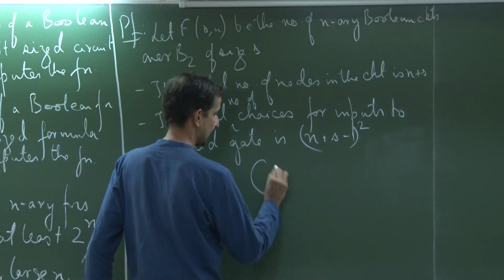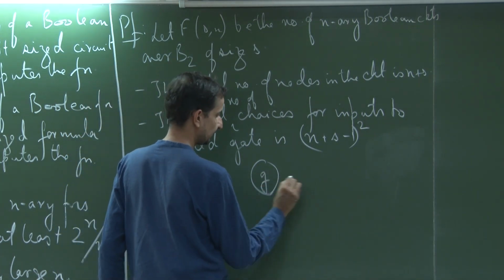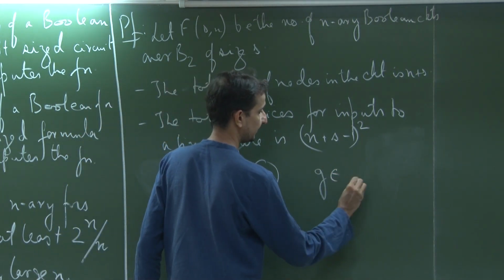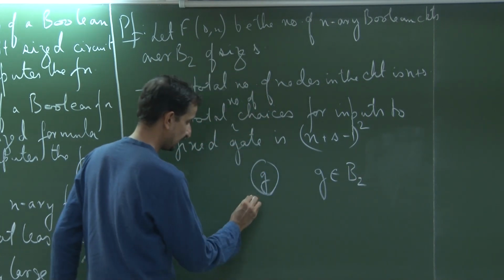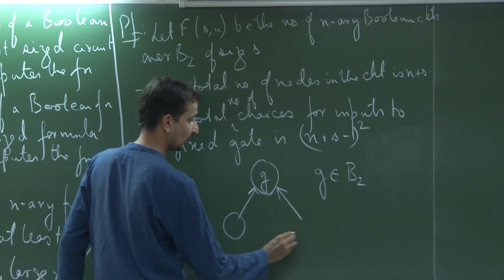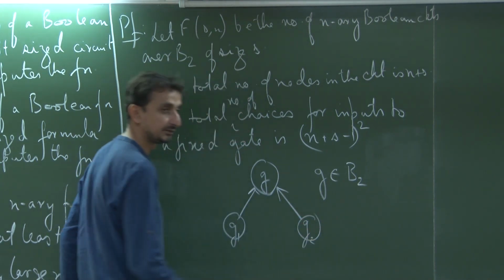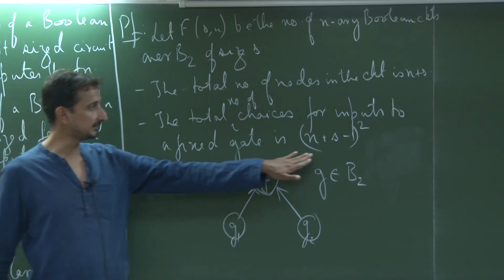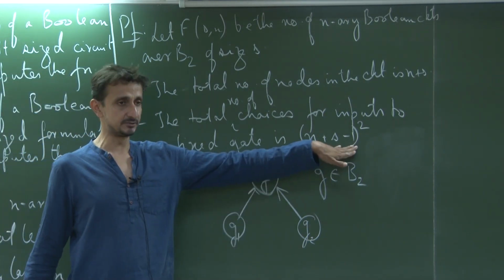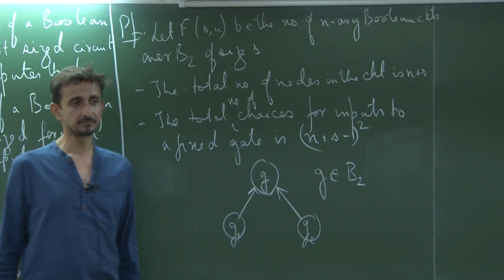I have some gate, let us call this G. First of all, G is an element of B2 and G takes input from two other gates, G1 and some G2. For G1 there are this many choices, for G2 there are this many choices. Therefore, the total number of choices for the inputs is this square.